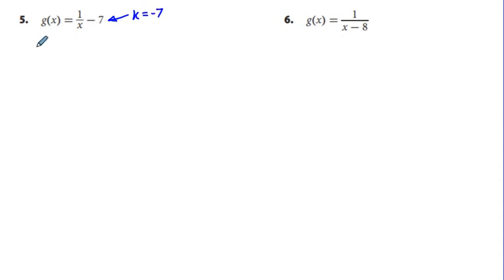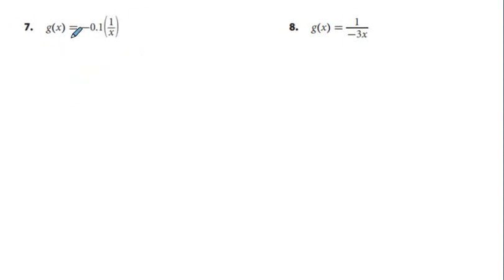So therefore, g(x) is f(x) equals 1 over x translated seven units down. Okay, that's number 5. Next, number 7.